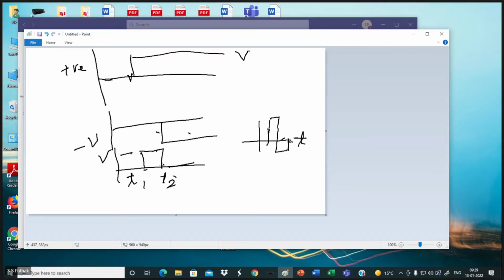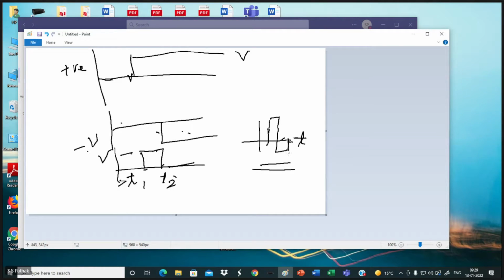But if this kind of signal that we have given here, this one, is not a kind of clock. This will be a kind of wave. It has positive and negative both amplitudes, so it is a wave. It is not a clock.